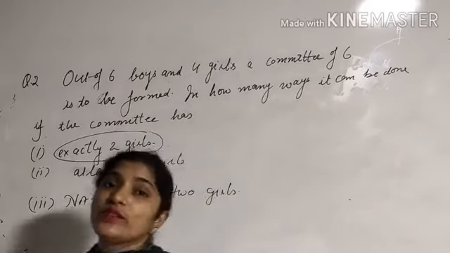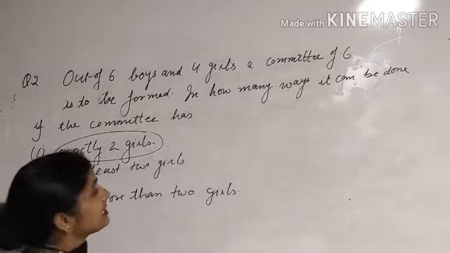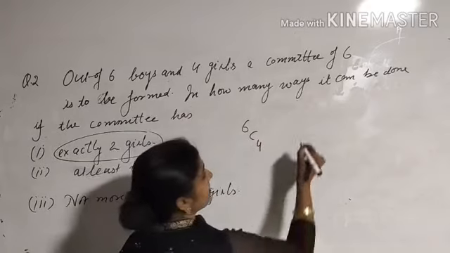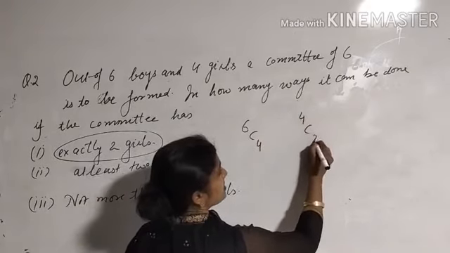So this is like 2 events. One is to select boys, 6C4. Another is to select girls, 4C2.